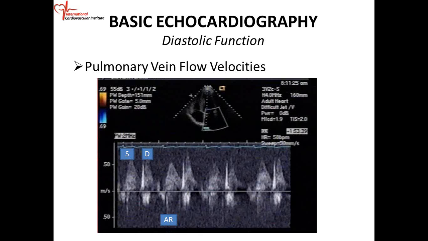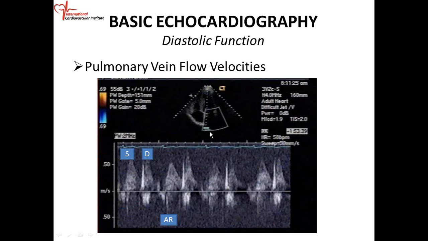All right, so we did talk a little bit about the pulmonary vein flow. We use that also to assess diastolic function. So remember your two-dimensional images on top, and remember from your anatomy, the pulmonary veins are down here.